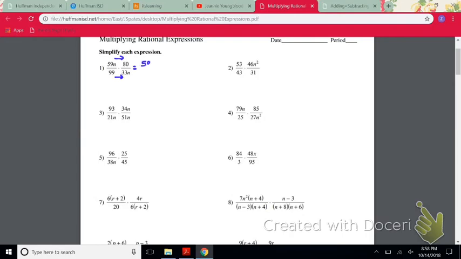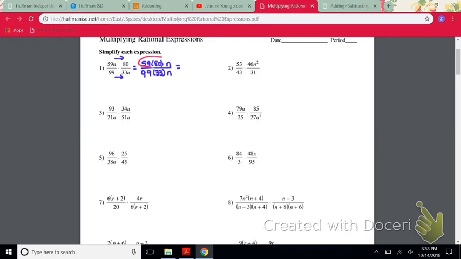So I'm going to go ahead and just rewrite it. It's going to be 59 times 80, and then I have my n. Over on bottom, I have 99 times 33, and I have my n. And then remember, go ahead and group them.